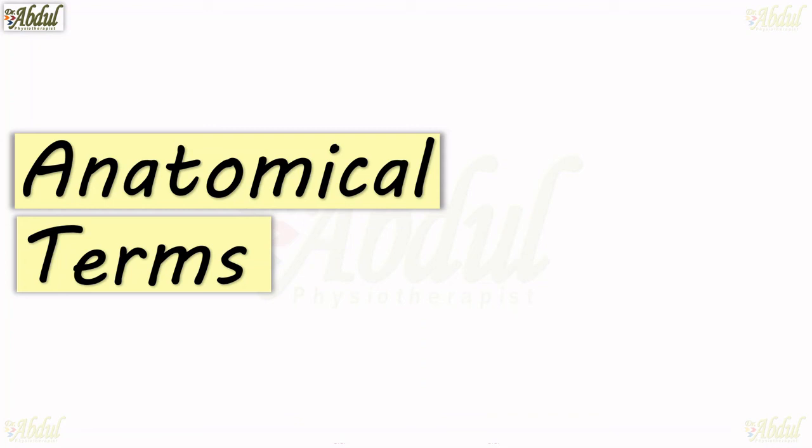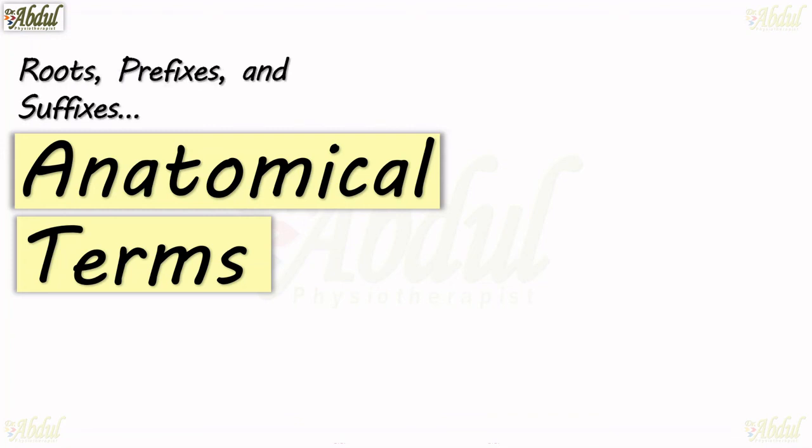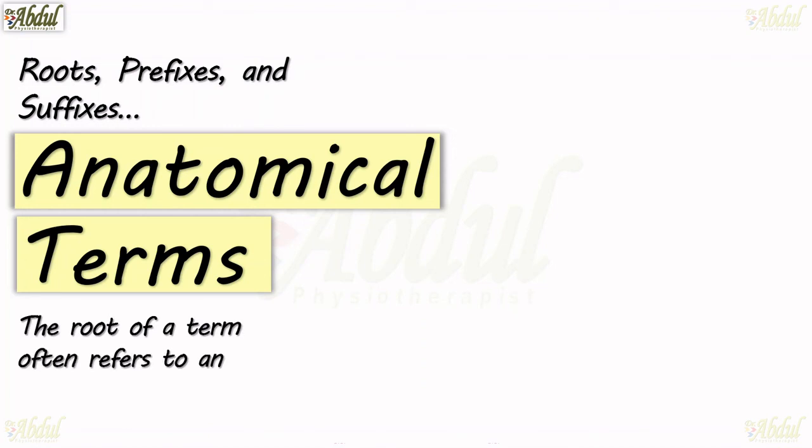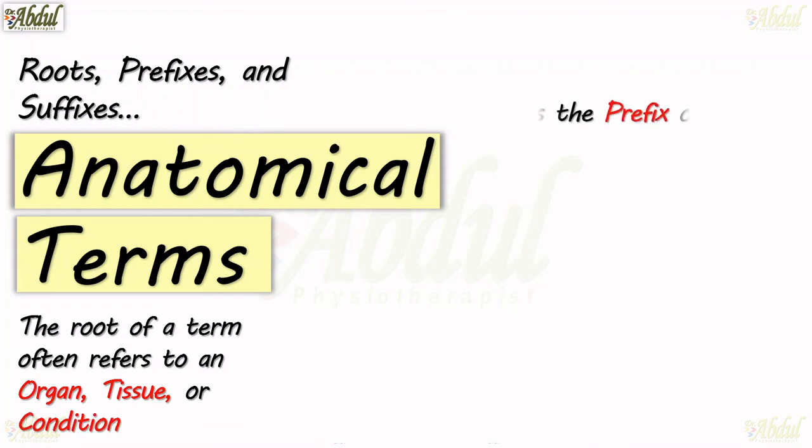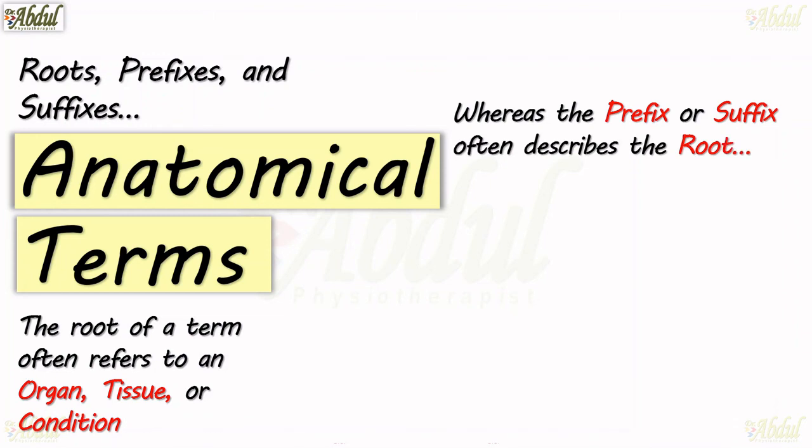Any anatomical term will be formed with three basic words, that is roots, prefixes, and suffixes. The root of a term often refers to an organ, tissue, or condition, whereas the prefix or suffix often describes the root.